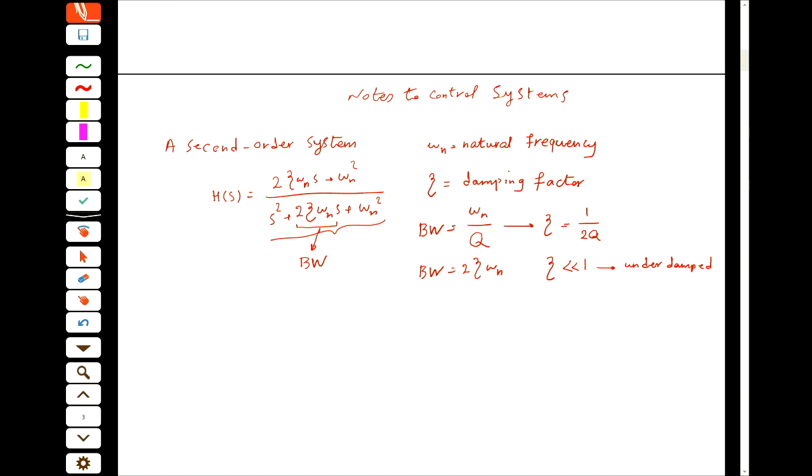If we look at the response of this system, it goes high, and then at the end it gets stable.